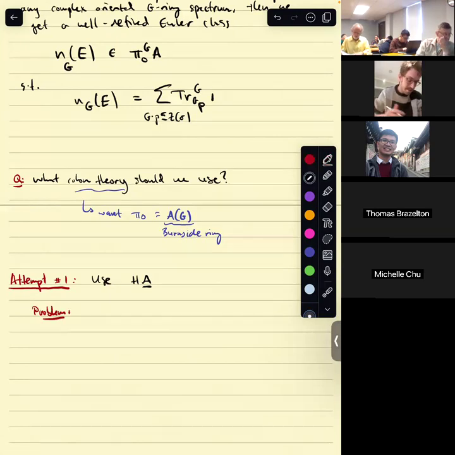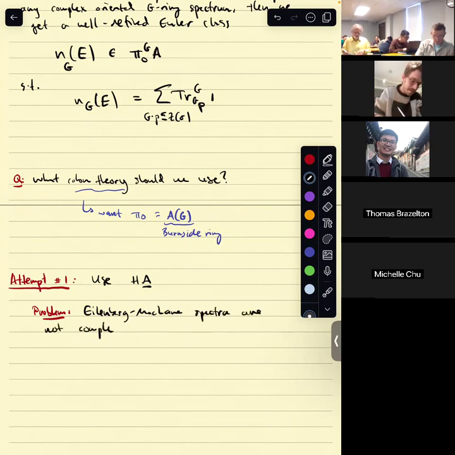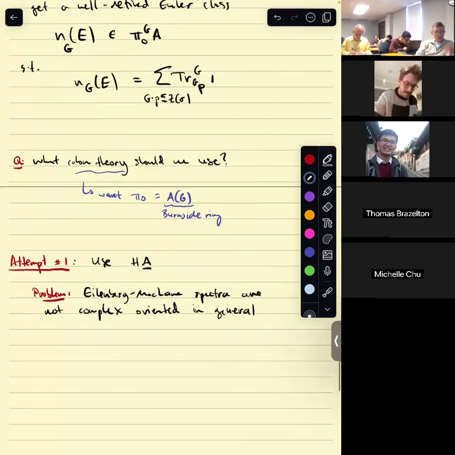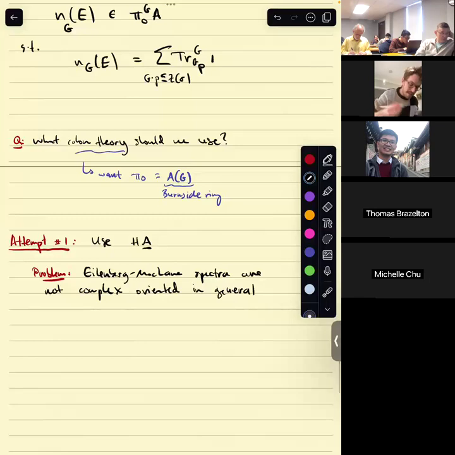And this is a problem that's kind of unique to equivariant homotopy theory, which is that Eilenberg-MacLane spectra are not in general complex oriented. Okay, so they don't really receive a theory of Euler classes. The reason being that they're integrally connective as spectra, and I can tell you by a picture what's happening here.